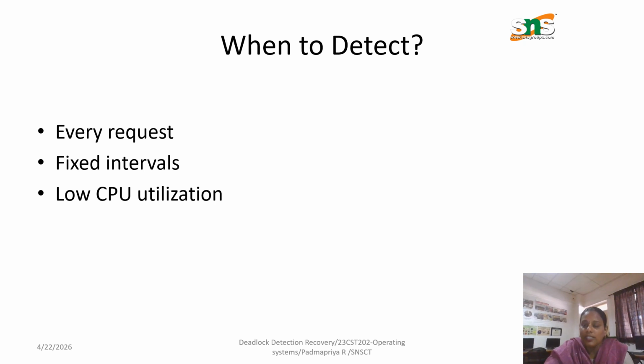If one process is assigned resource R1, we have to fix the duration for that resource so that it can be allocated to some other process after some time. Low CPU utilization will happen when deadlock has occurred. So this is why we have to detect deadlock.